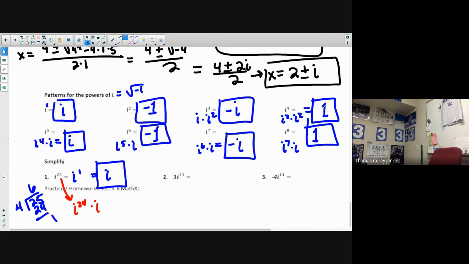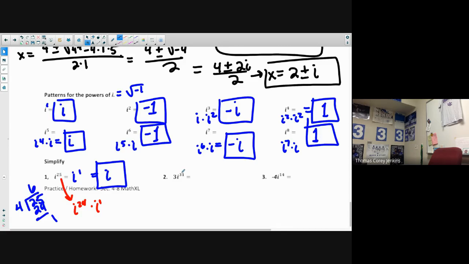That's 1, all right? So you have just 1 times i would be equal to i, right? So I don't know. Kids have trouble with this. I don't think I'm real great at explaining it. But I always think about that remainder, and then I match it up with is it a 1, 2, 3, or 4? All right. Anyways, let's look at 2 and 3.